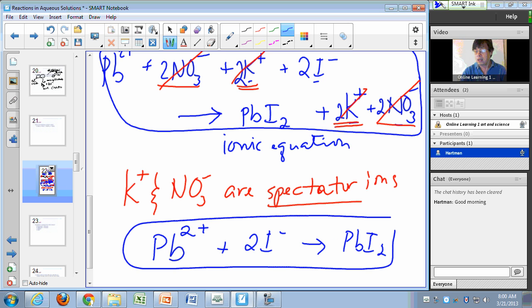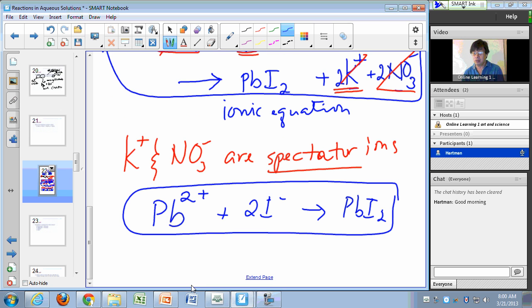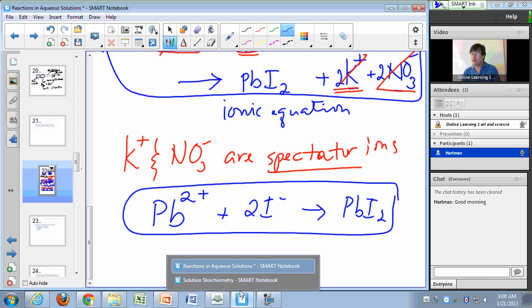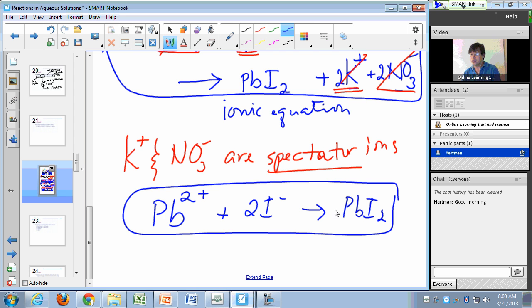This is actually the best way to represent what actually happened in this reaction. The only thing that happened is your lead ions combined with iodide ions to give you a precipitate of PbI2. So this is the best way of representing what happens, and this is called your net ionic equation.